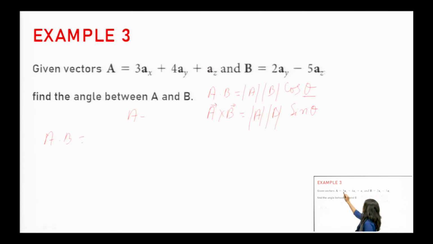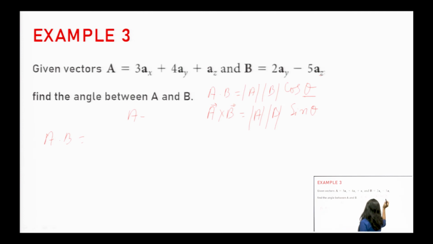So if we multiply 3ax by either 2ay or 5az, the angle between ax and ay will be 90 degree, and the angle between ax and az will again be 90 degree. So cos 90 degree is 0. So the product of 3ax with all these will be 0. So we will not consider it.